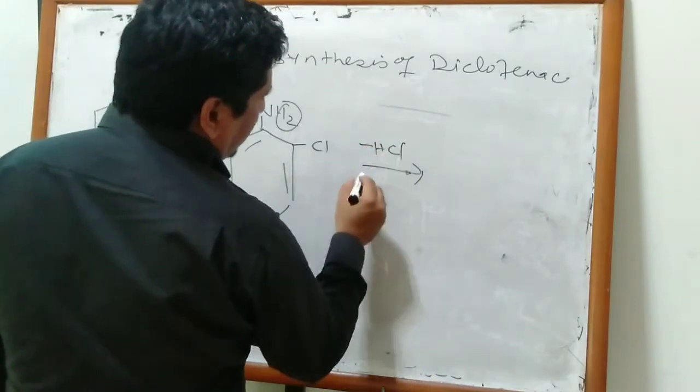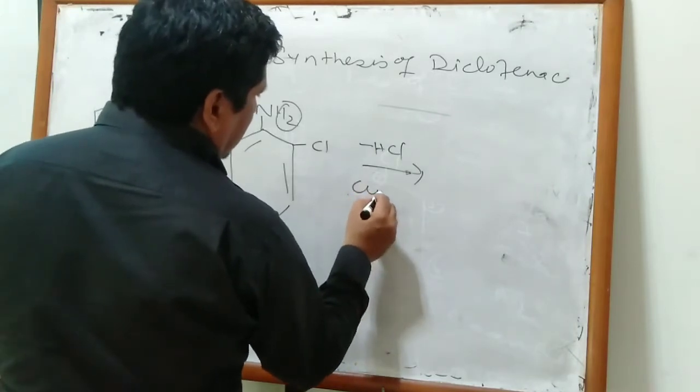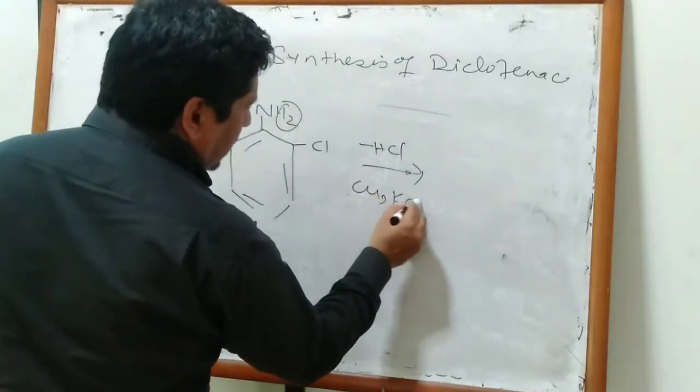HCl will be removed. That reaction occurs in the presence of copper metal and potassium hydroxide.